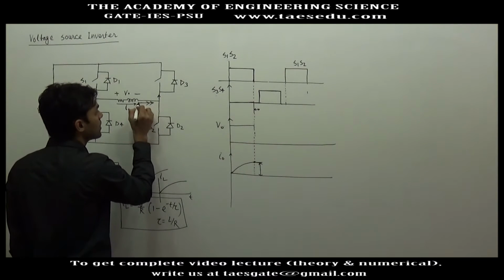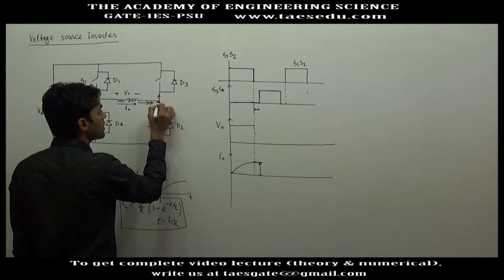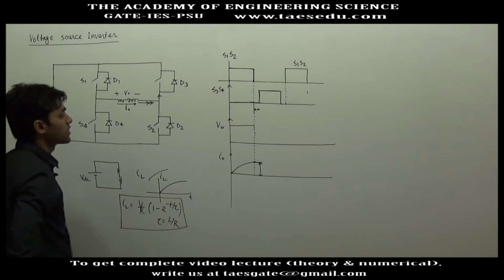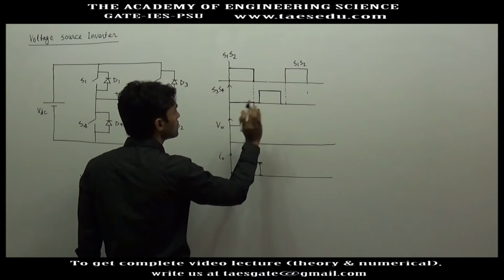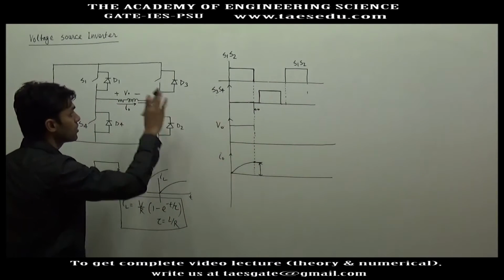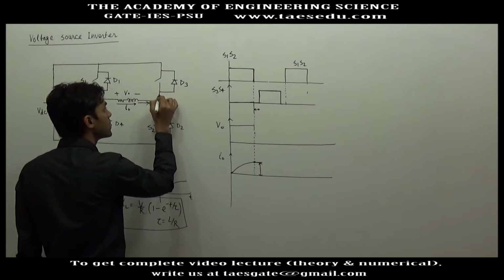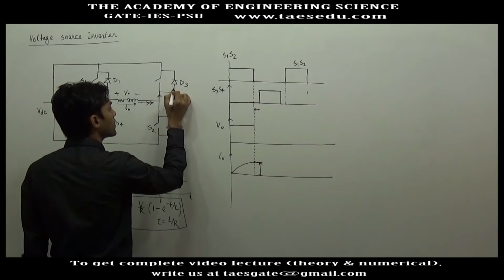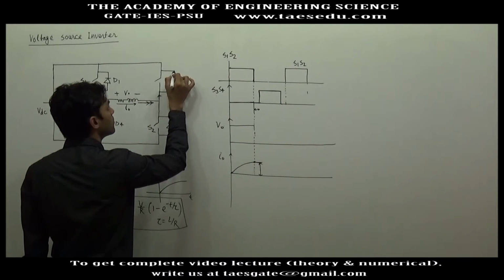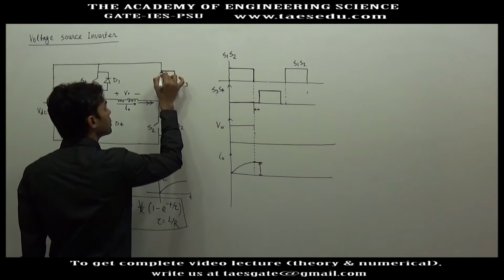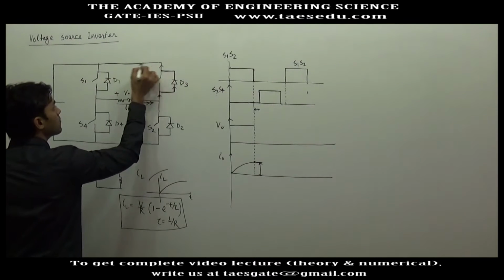So whatever current is positive here, all of it will be in the upward direction. In the upward direction in this interval, none of the main switches are conducting. This is open, but for this direction of current, the diode can conduct. So this current will flow through diode 3. Here there is only one path.